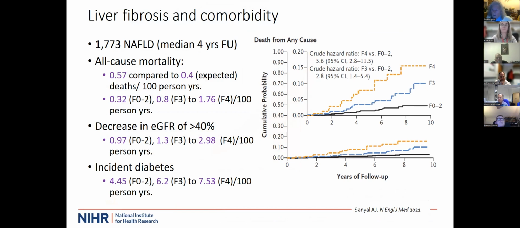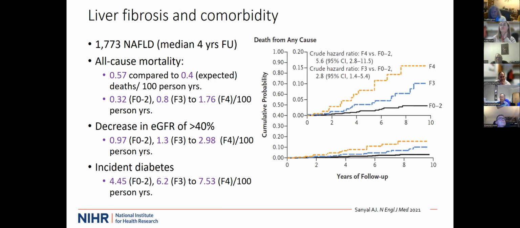About a month or two ago, it's been renamed as metabolic dysfunction associated steatotic disease. So rather than MAFLD, it's now called MASLD. This is one of the cohorts from the US, where about 1,700 people were followed up for a median, which is a kind of average, of 4 years.